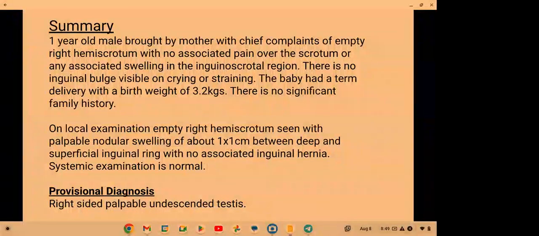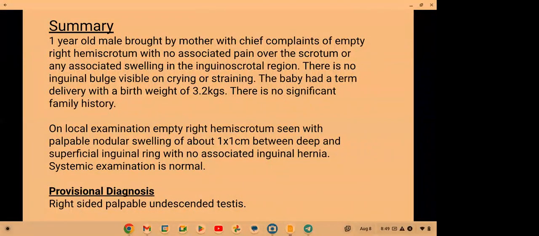The first delayed complication is ascent of the testis. There was traction on your spermatic cord, so you might have fixed it at the bottom of the scrotum, but it can ascend. Parents will complain that after operation it was at the bottom of the scrotum, but now I can palpate it higher up.